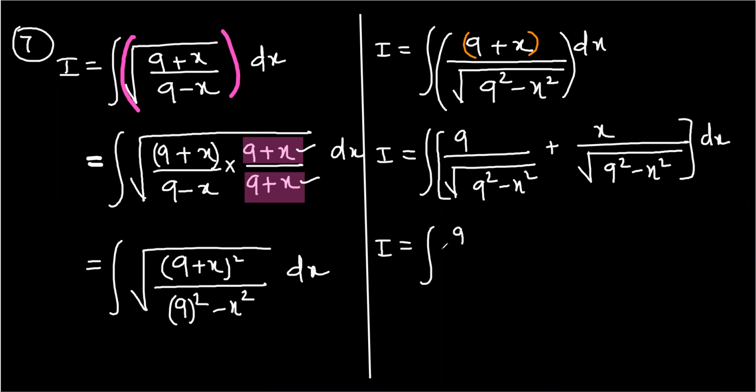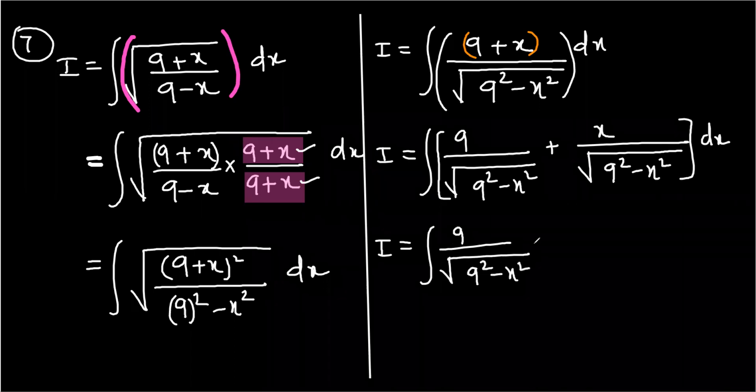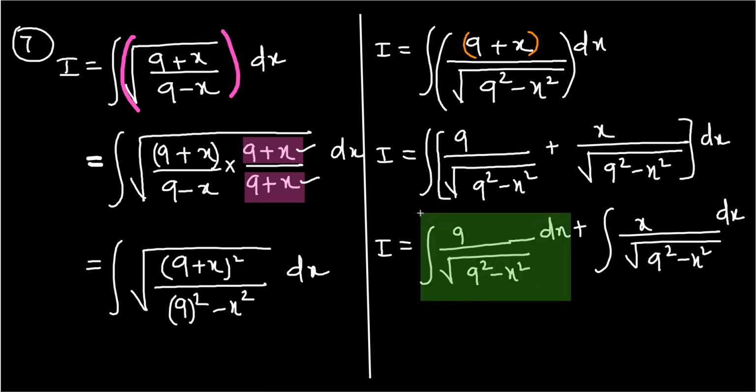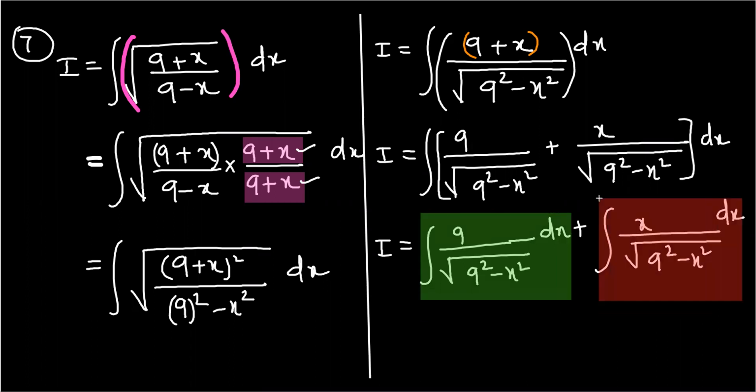So this is 9 times integral 1 over square root of 9 square minus x square dx plus integral x over square root of 9 square minus x square dx. Now what I notice is in the first integral, it's going to get integrated in the very next step. Whereas the second integral, it's not going to happen in the next step.